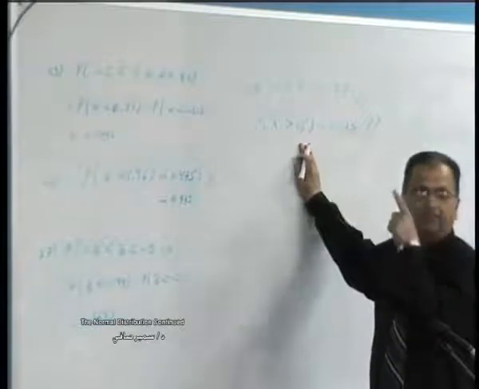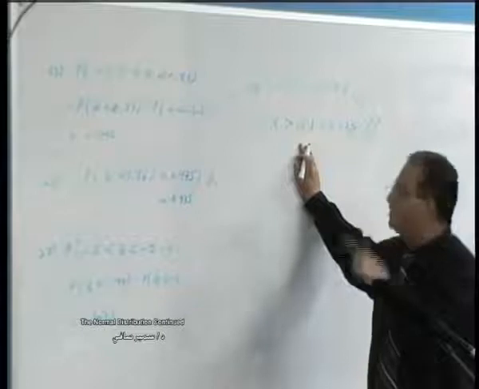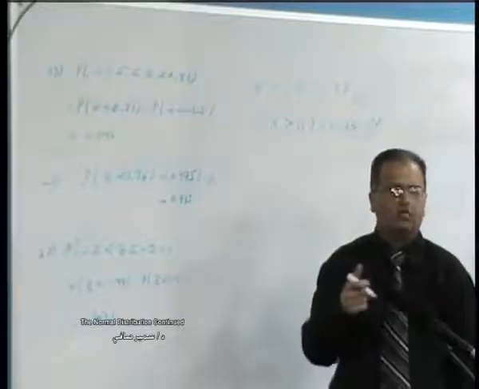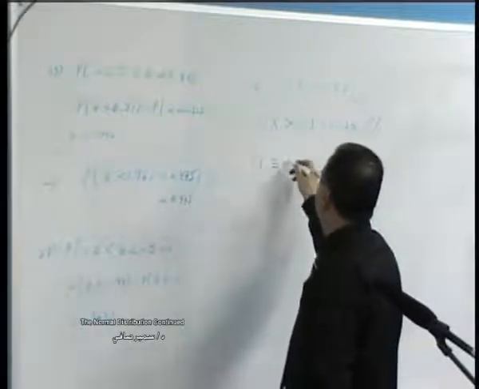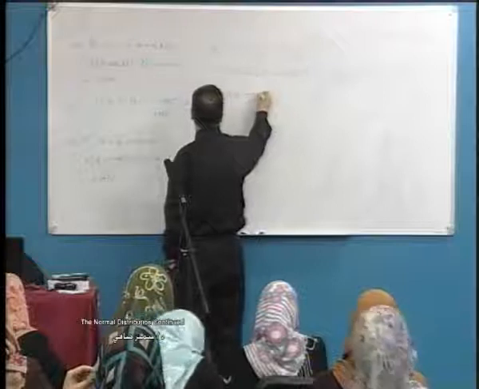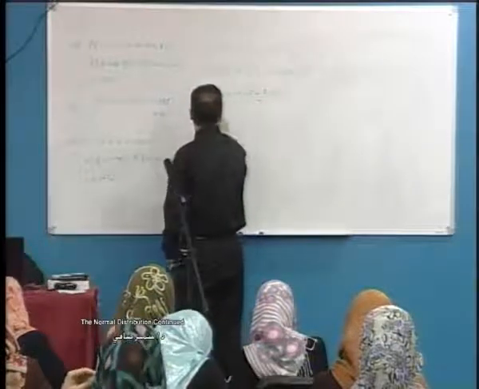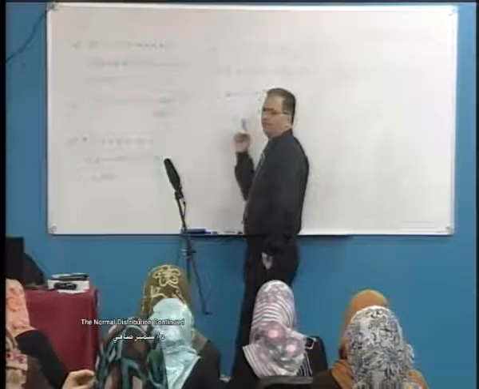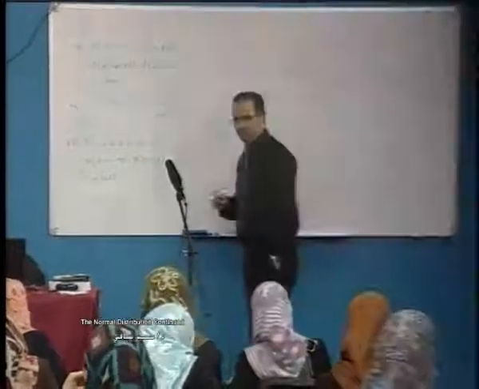Let's see if that percentage is true or false. In this case, we have to convert to z-score. So it becomes P of Z greater than 15 minus the mean divided by sigma. So P of Z greater than 7.5 divided by 5, which is 1.5.